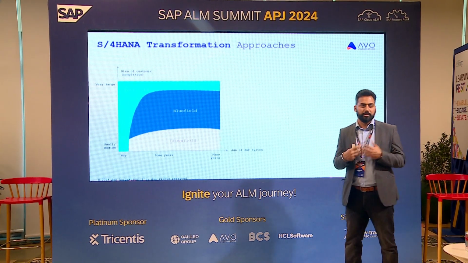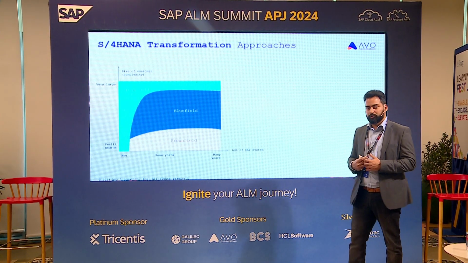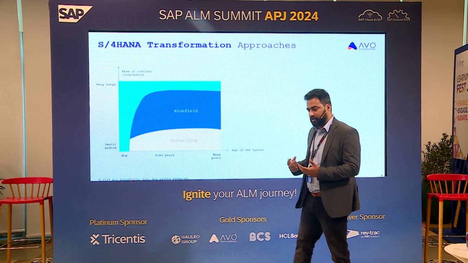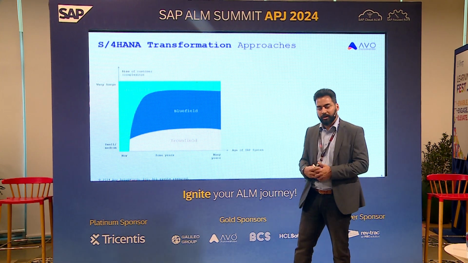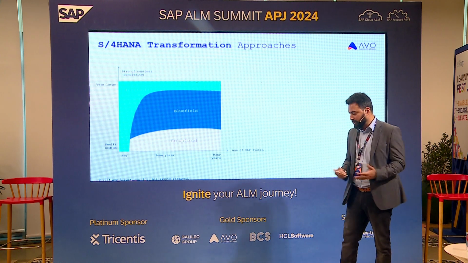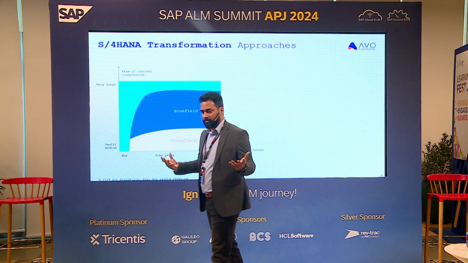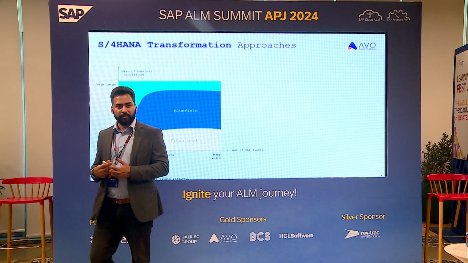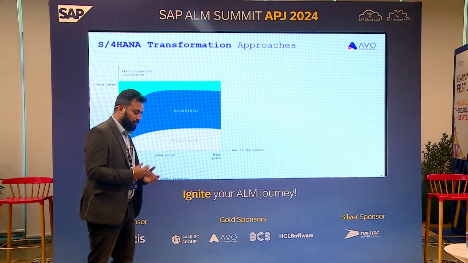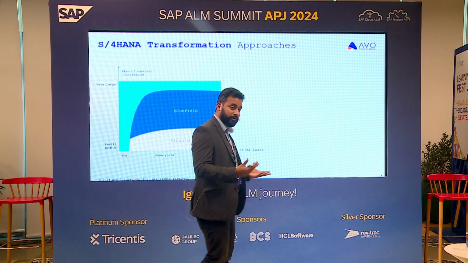It could be a startup who's about to embark on a journey, or it could be a large enterprise who has been in the transformation journey or adoption of the platform and technology through a couple of decades as well. Largely there are 3 areas, and I'm not going to talk about them because we're all pretty much coming from the industry, so we all know what Greenfield, Bluefield, and Brownfield are.